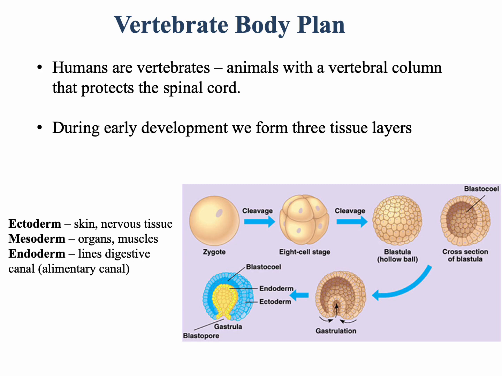And then we also get the endoderm. The endoderm is the most inner layer, and that's the layer that eventually is going to line hollow organs. It's going to line the hollow digestive tract.